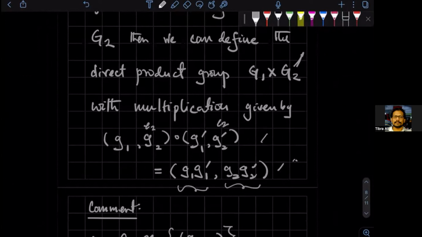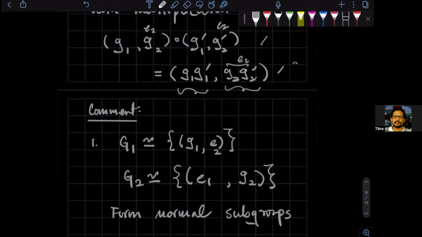This is a closed operation and it satisfies all the group theory conditions. And these groups are isomorphic to, say, G1 and G2, and they're normal subgroups, almost trivially so. Right? They are, yes.